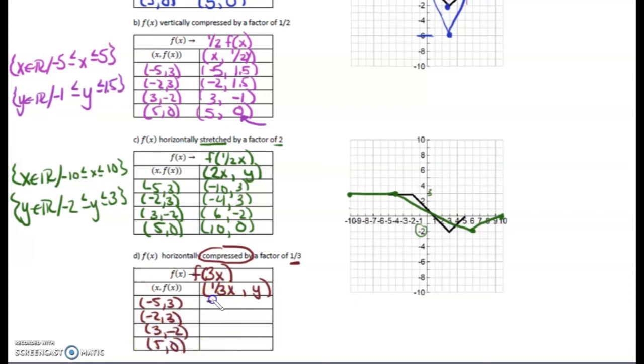So 1/3 of -5 is -5 over 3. 1/3 of -2 is -2 over 3. We get 3 over 3, which is 1. These are the x's. And then 5/3. And the y values we keep the same: 3, 3, -2, 0. Again, because we're keeping the y values the same, our range is not going to change.